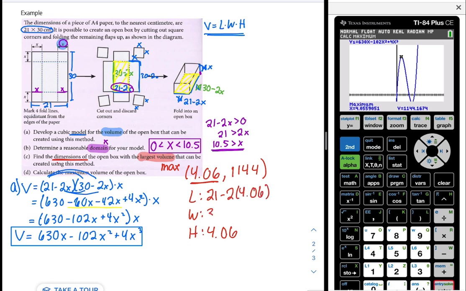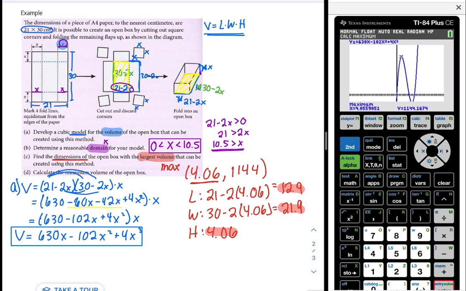And the width was 30 minus 2x, so 4.06. You can do these calculations, and you're going to get a length of 12.9 and a width of 21.9. So these are the dimensions that we're going to have when we have a maximum.